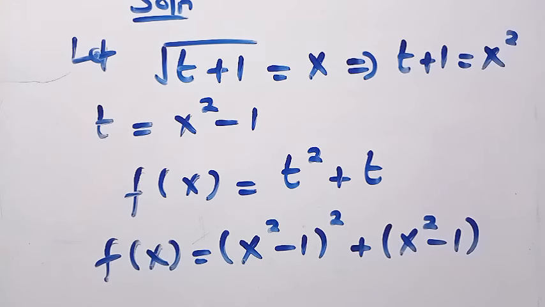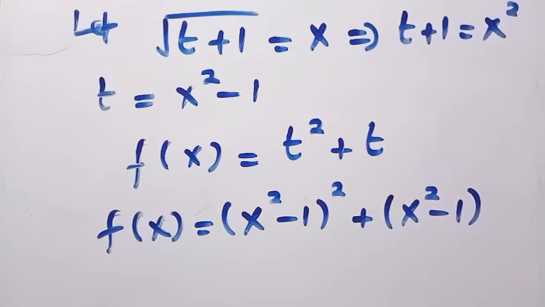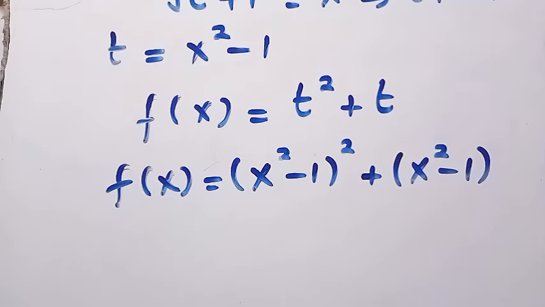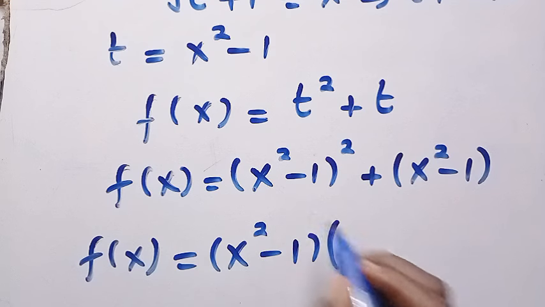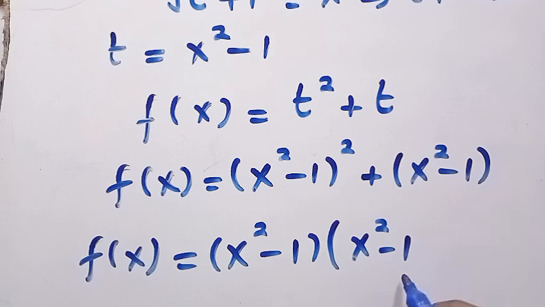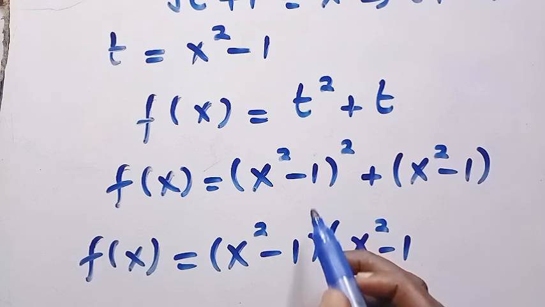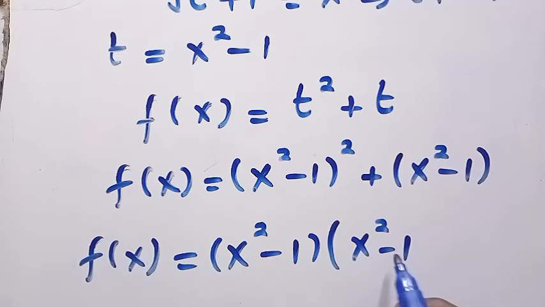What should come to mind first is, are we going to expand x squared minus 1? No. We are going to leave it as it is, because we can factor out x squared minus 1 here and make the thing simple. So for expansions, we have f of x equals, if I take out x squared minus 1, in the bracket we have x squared minus 1, because this is twice, and we have x squared minus 1.